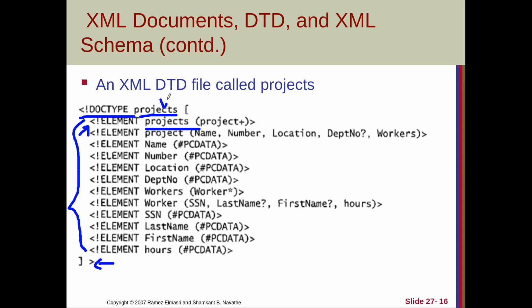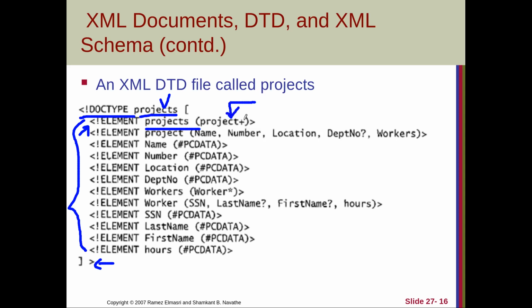Projects is the root element. So ELEMENT projects, then I provide the properties. Within brackets I provide project plus, then the right angle bracket. So for this projects root element, I am providing the condition project plus.